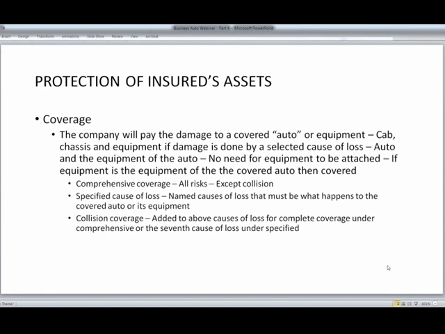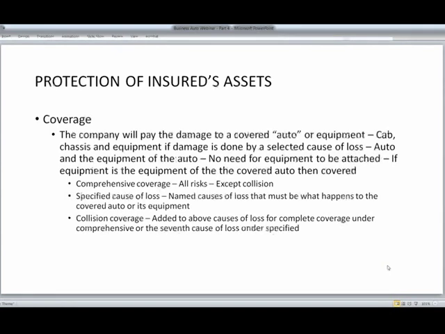We have vehicles with a snow plow in the front of that vehicle. But during the non-snow part of the year, that vehicle is still on the highway, probably used for other purposes, but the snow plow's in the barn or in a storage area. If that snow plow gets stolen out of the storage area, it's still covered under the auto physical damage coverage because it's the equipment of that auto.